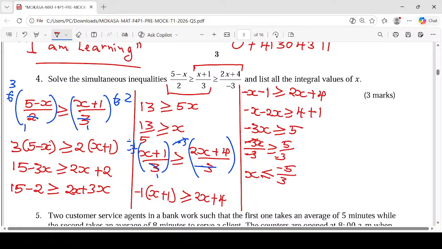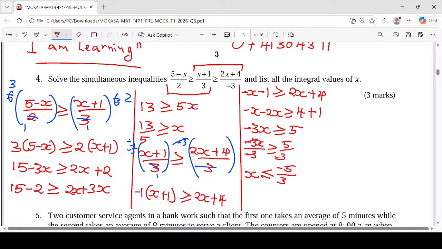I'm interested in this other part. I had to remove the denominator by multiplying through by 3. So this became negative x minus 2x. Was that working correct? Let's see from this particular point first.